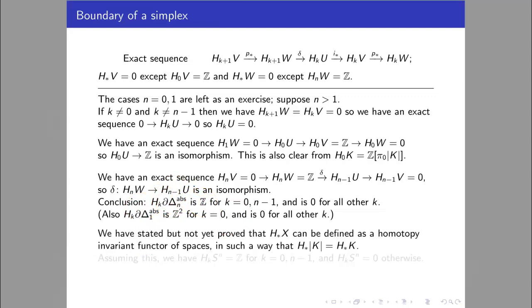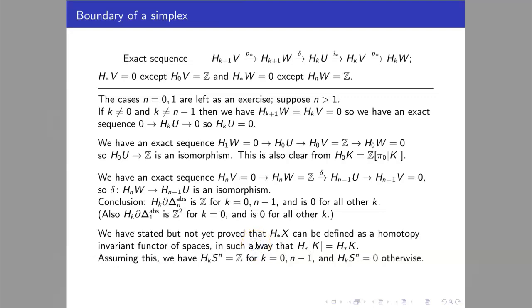And it's a fact we've discussed but haven't proved yet. It's going to be right at the end of the course when we get to the proof of this. But it's a fact that the homology of a space X can be defined in a homotopy invariant way, as a functor of spaces and homotopy classes of maps, in such a way that if we take a geometric realization of K, that's a space, and we take the homology of that, that's just the same thing as the homology of the simplicial complex as we've already defined it.